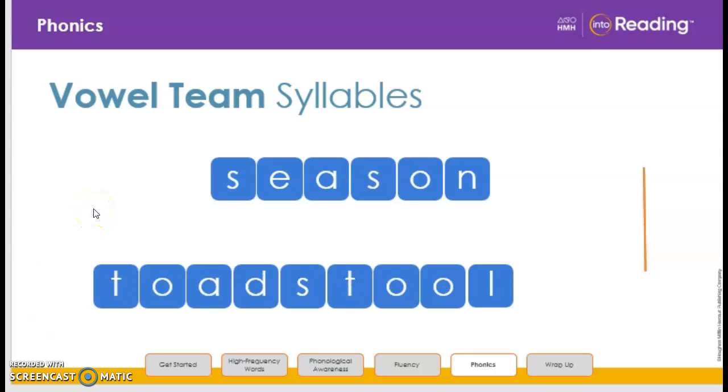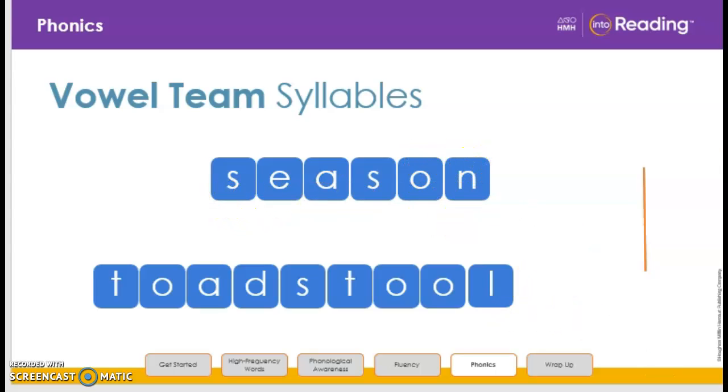Now we have some vowel team syllables to look at that are a little different. The first one is season, and the EA makes the long E sound. So the second syllable has the CVC pattern, the consonant, vowel, consonant. So we have our EA that says E and our consonant, vowel, consonant pattern.